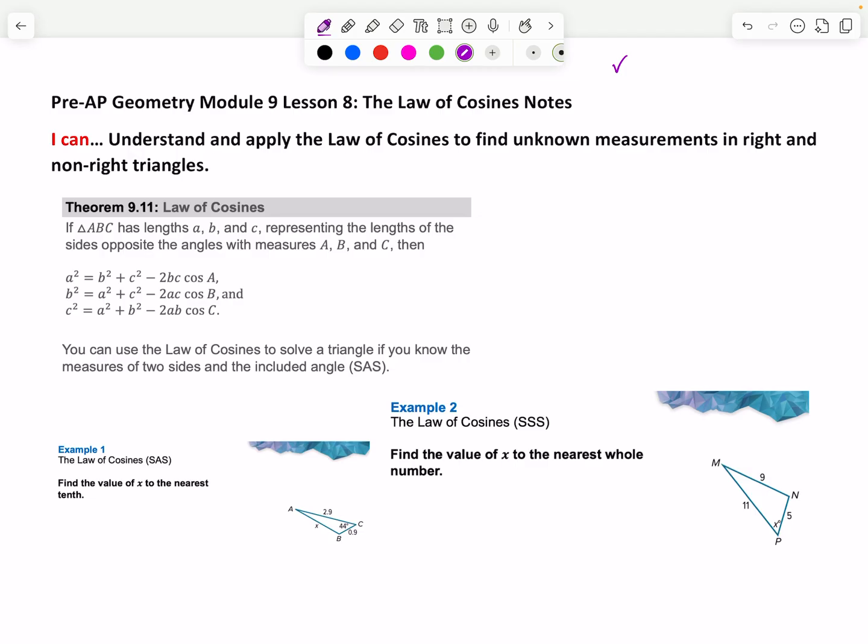All right, law of cosines. The law of cosines is used when the law of sines cannot be used to solve a triangle.